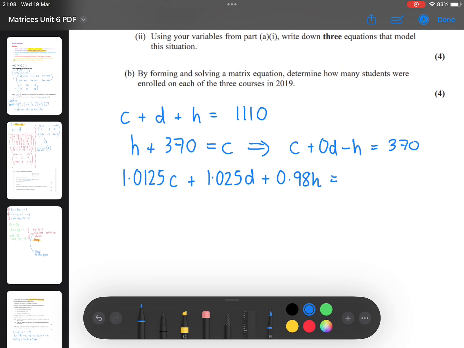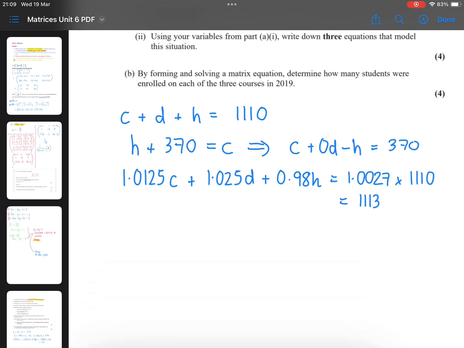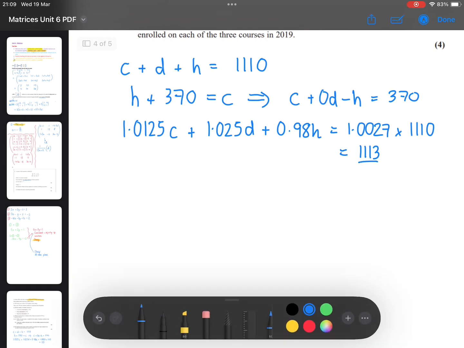And we've been told that that represents a 0.27% increase overall, so 1.0027 times 1110. If you evaluate that, you get something which is very, very close, but not exactly 1,113. Since it says two significant figures in the question, once you get to this point, you should perhaps use it as that.